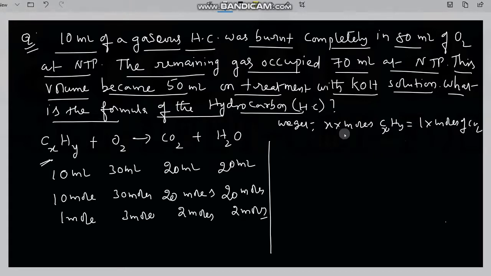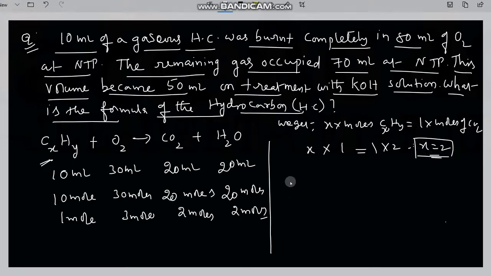As we have moles of hydrocarbon is 1, so X into 1 is equal to 1 into moles of CO2, which is 2. Therefore, what is the X value? X value is 2. So we got the X value in the hydrocarbon as 2.